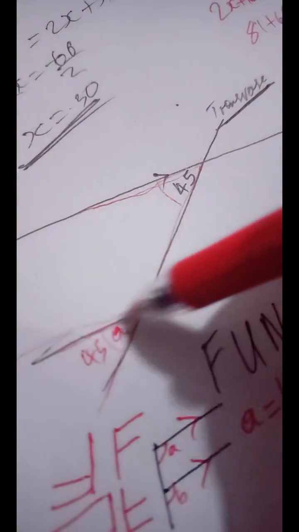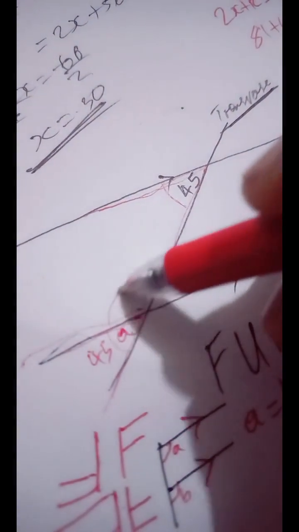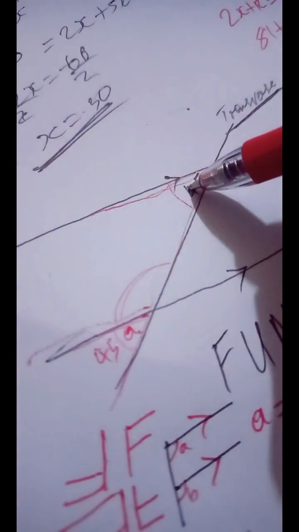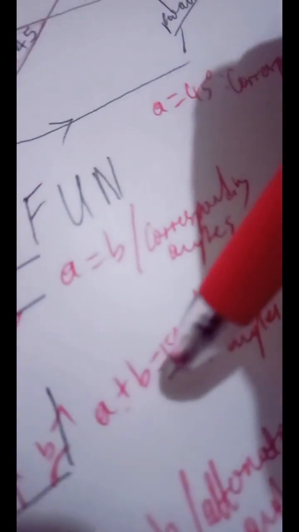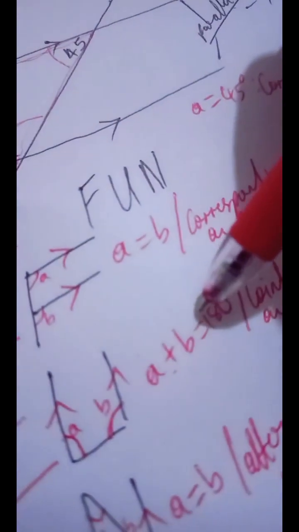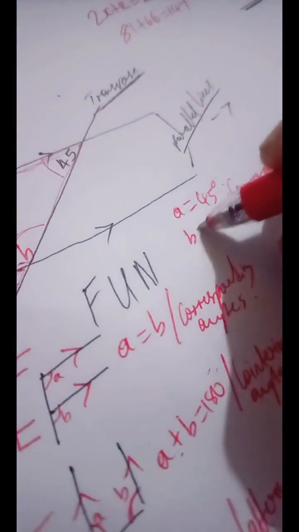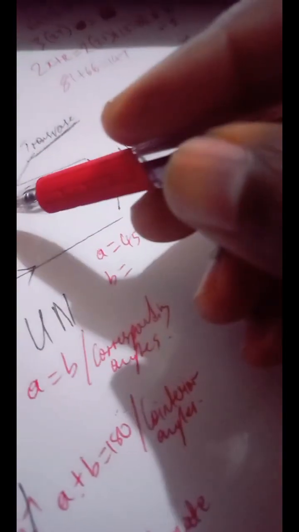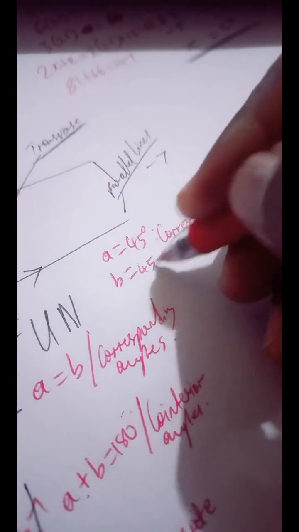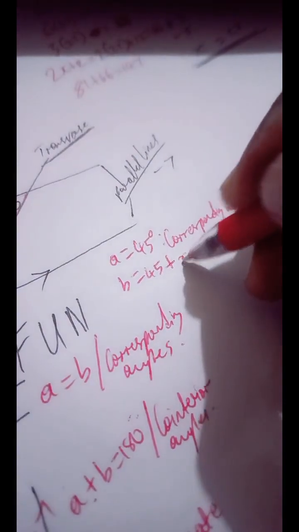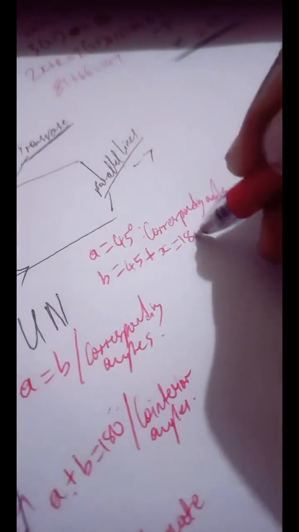Right? So we come here, U is here, which means we are dealing with this angle and this angle. And remember, if it's a U, we are saying A plus B is equal to what? 180, which is co-interior angles. So here we are going to say angle B: 45 plus B is equal to 180.